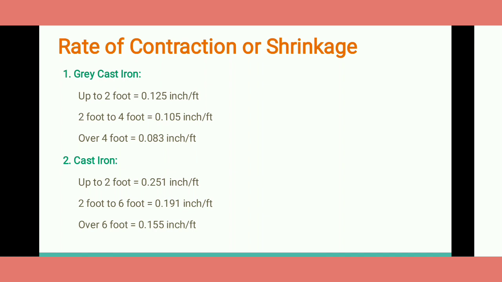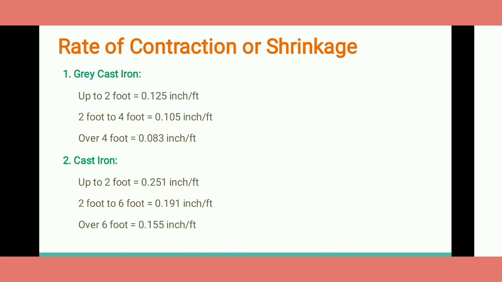Whatever I have written here, for grey cast iron, if the dimensions are up to 2 feet, then the rate of contraction is 0.125 inches per foot. If the dimension increases from 2 feet to 4 feet, then the rate of contraction is 0.105 inch per foot, which is reduced from what we used previously.